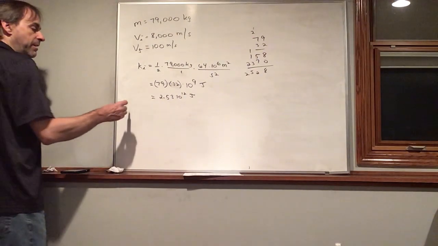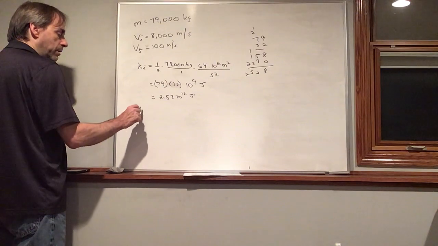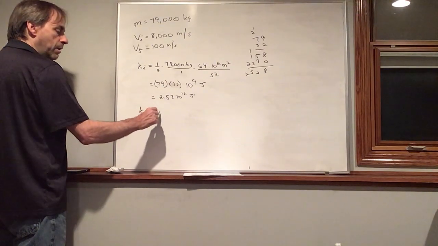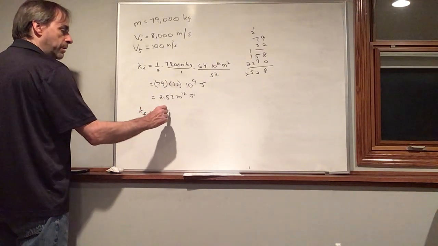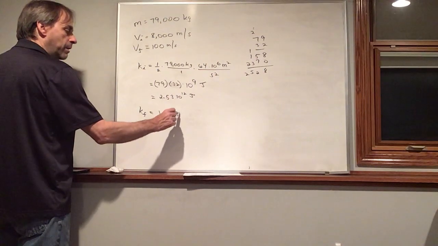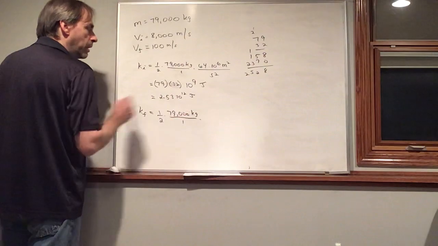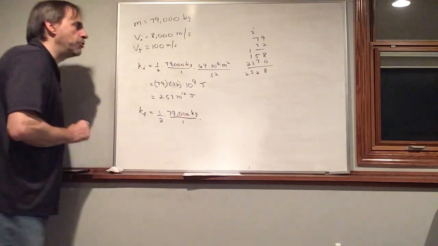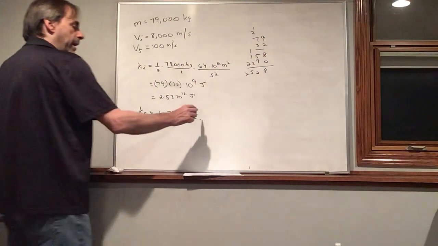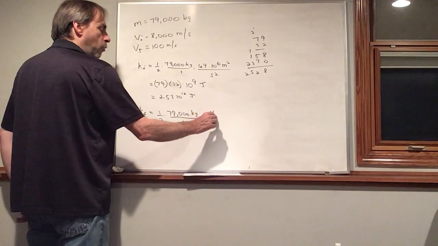But anyways, let's find the kinetic energy at touchdown since we've been asked to. So let's see, 79,000 kilograms, and 100 meters per second; when we square that, that'd be 10 to the 4th.